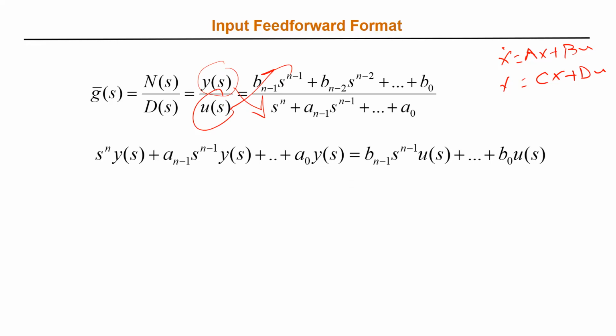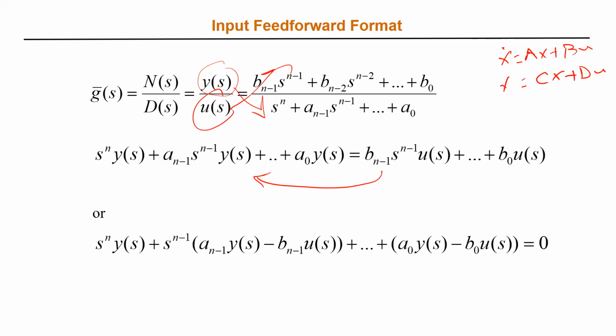Now, try to move everything to one side and collect the coefficients associated with the powers of the polynomial. That's basically, let me write it as S^n Y(s), then S^(n-1).